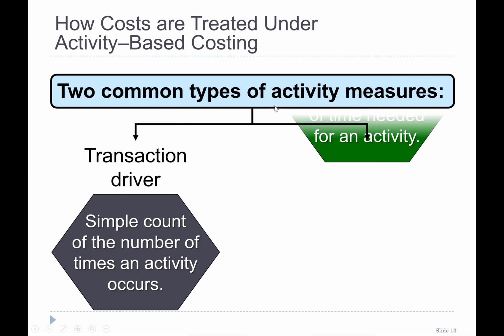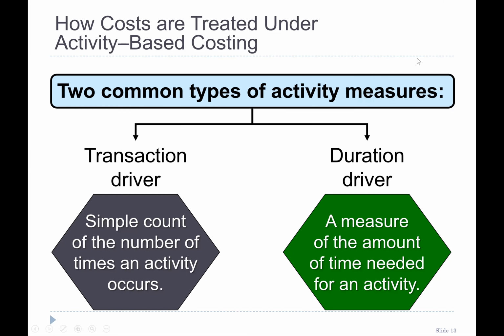There are two common types of activity measures. Number one is the transaction driver. Number two is the duration driver. In a transaction driver, we simply count the number of times an activity occurs. A duration driver is a measure of the amount of time needed for the activity. For example, it is done in 2 hours, so 2 hours multiplied by the per hour rate, simple.